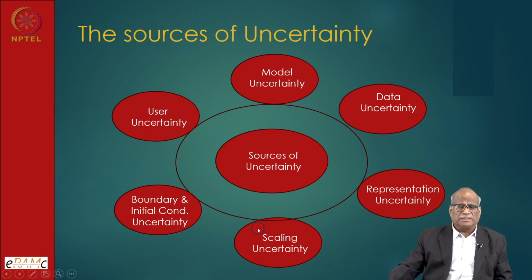So that uncertainty is always there. Boundary and initial conditions pose huge uncertainty, and so does user uncertainty, how people will use the changes we have made. Altogether, these form the sources of uncertainty.